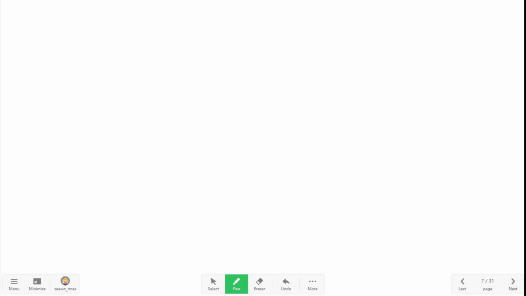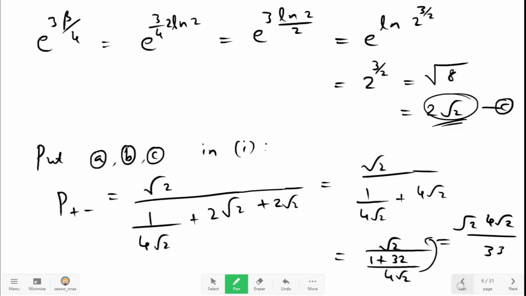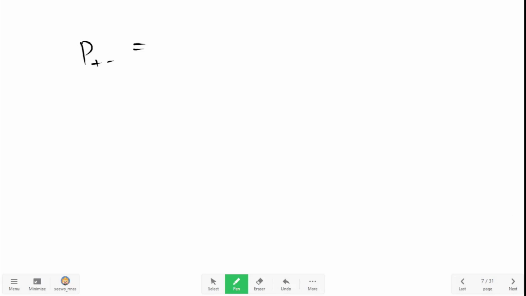This is equal to P plus minus equal to 4 into root 2 into root 2, which is 8 divided by 33. Now this is equal to P minus plus, both are the same.